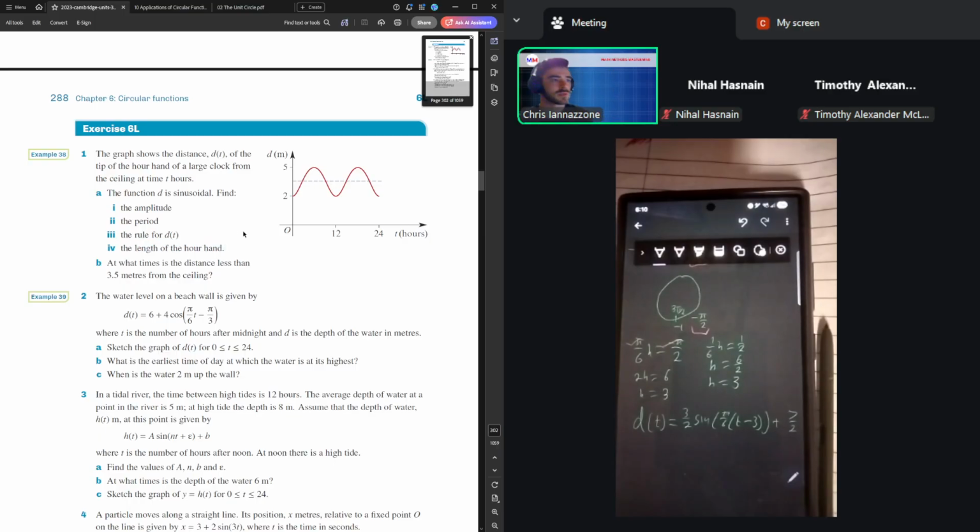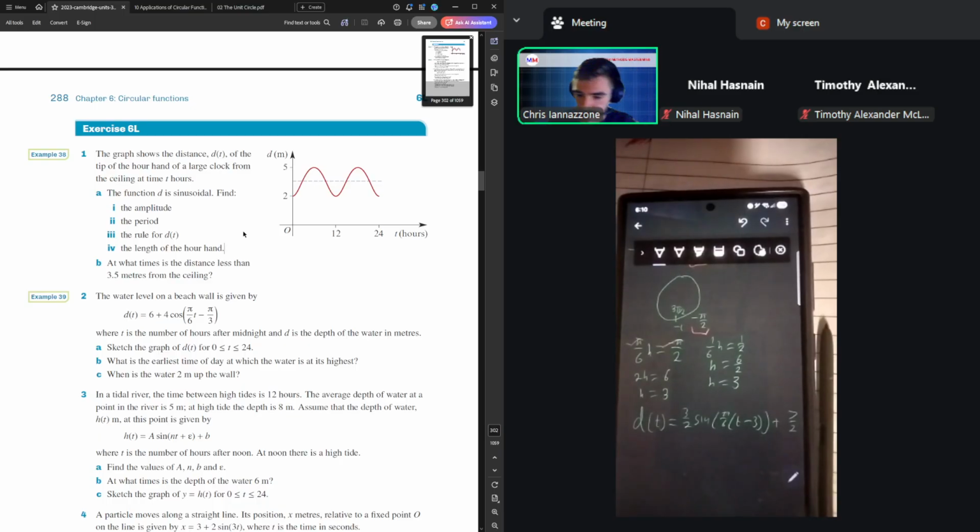The next question in the Cambridge book is to now figure out the length of the hour hand. So we didn't really talk about what this graph was describing, just that we had the graph. This graph is measuring the distance of the tip of the hour hand from a large clock to the ceiling.